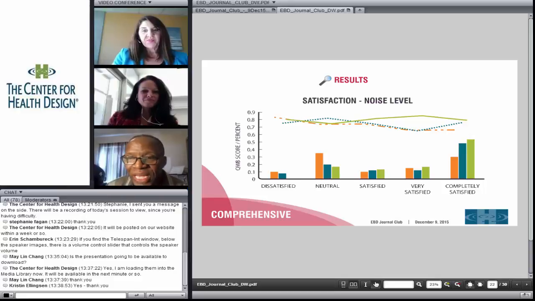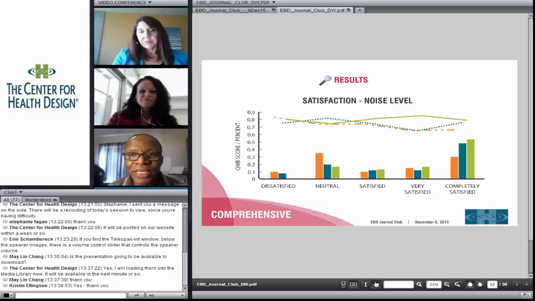Okay, for the satisfaction with the noise level here, we're looking at the individual parts of the Likert scale on the horizontal axis, where we show the percent, and we show the QWB score as well. Looking at satisfaction with noise level, we see the QWB score does not track as precisely.